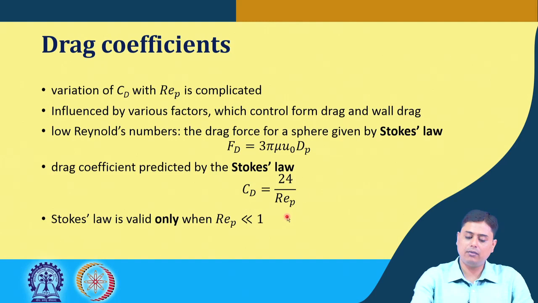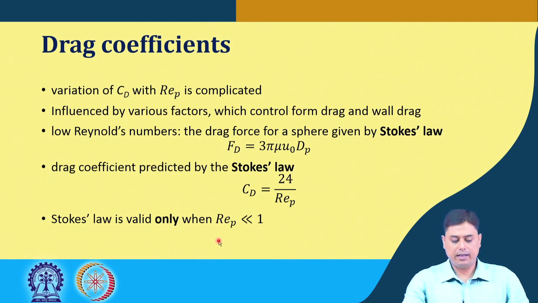Now the condition of validity of this Stokes law, you all know, is that it is valid only when the particle Reynolds number is way less than 1.